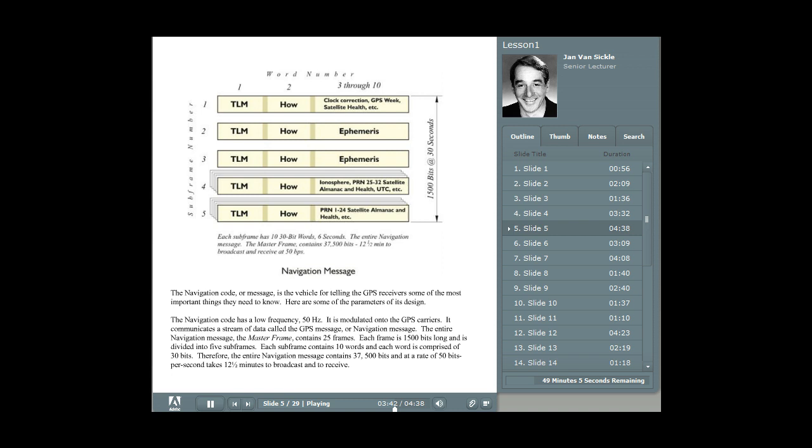And the PRN numbers 25 to 32 mean that satellites from number 25 to number 32 can have their almanac, in other words, just a little slice of their ephemeris, in subframe number 4. Now the PRNs from 1 to 24, those satellites have their almanac, in other words, a little bit of their ephemeris, in subframe number 5. Now you might wonder why they are there.